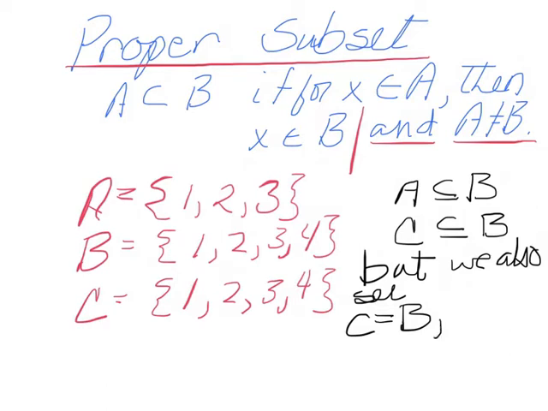However, A is not equal to B, and you could say not equivalent. It doesn't have the same cardinal number. Therefore, and this is just a symbol for therefore, A is a subset of B. Alright?